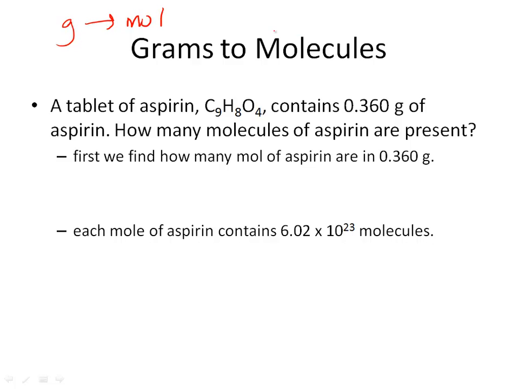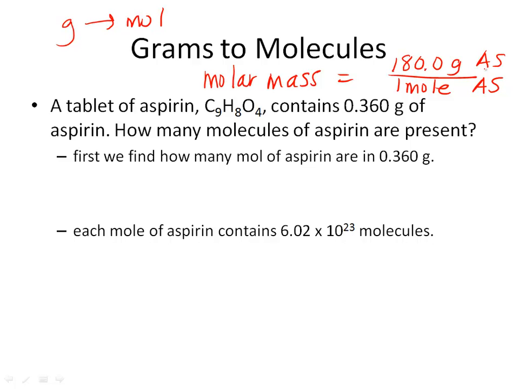So we need our molar mass. And I'm going to go ahead and tell you guys that the molar mass of aspirin is 180 grams over 1 mole. And I'm going to use AS for aspirin. Okay, so what you would do to find that is you would take 9 carbon atoms, 8 hydrogen atoms, 4 oxygen atoms.